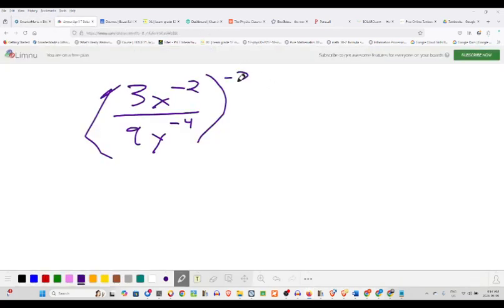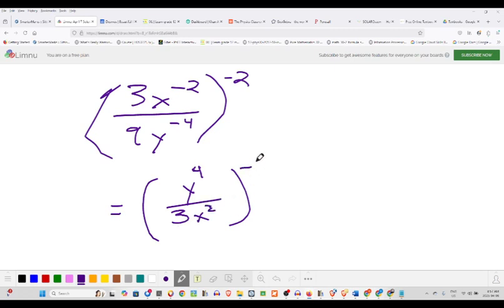Well, I'm just going to simplify that to a negative 2 right off the bat. That's what our 4 over 2 simplifies to. Inside, a 3 over 9 becomes a 3 in the denominator. Y to the negative 4 becomes a y to the positive 4 in the numerator. X to the negative 2 in the numerator becomes x to a positive 2 in the denominator. We still have that negative 2.